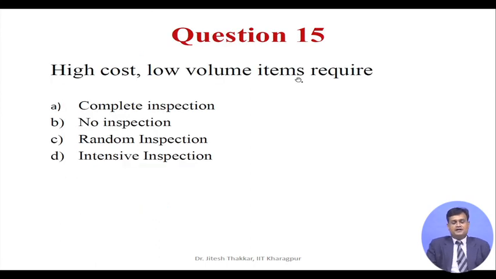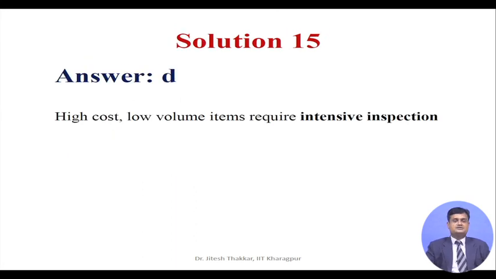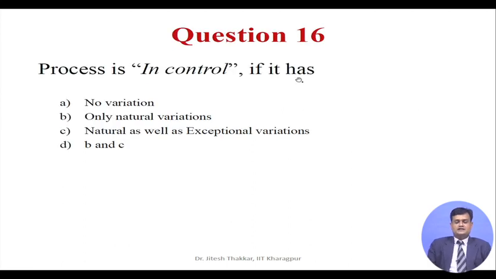Question 15. High cost low volume items require A. complete inspection, B. no inspection, C. random inspection, D. intensive inspection. The correct answer is D. High cost low volume items require obviously intensive inspection. Question 16.